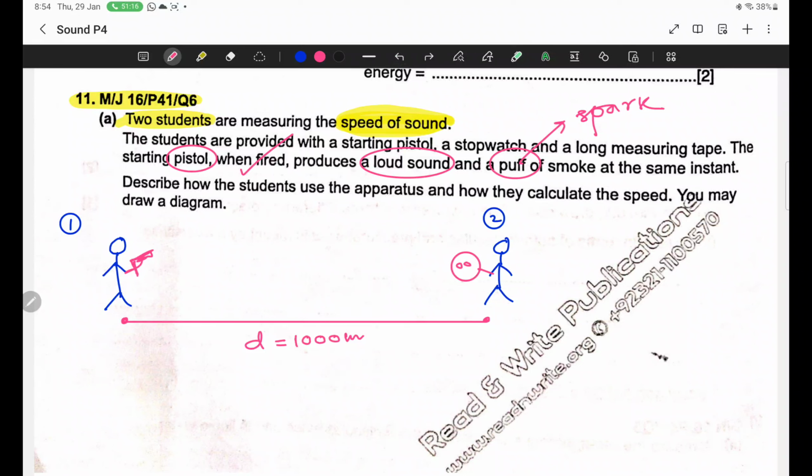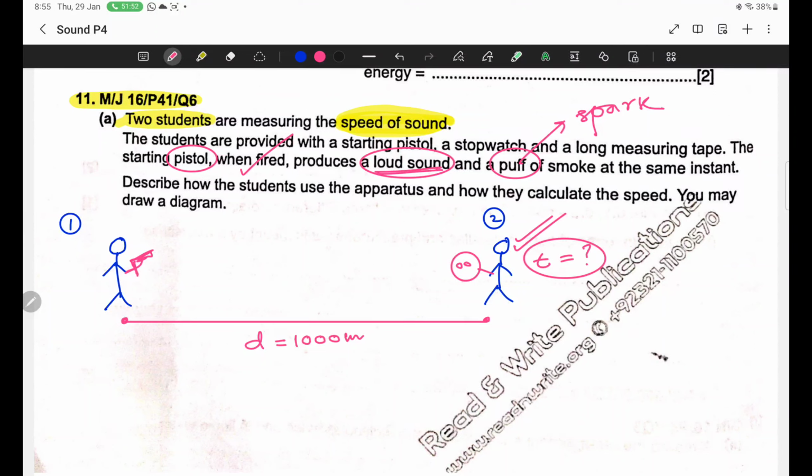So as student number one fires the bullet, the other starts the stopwatch, and when he detects the loud sound, he stops the stopwatch. In this way, he is measuring the time of travel of sound. The sound is coming from student number one, and the time it takes is measured by the stopwatch.